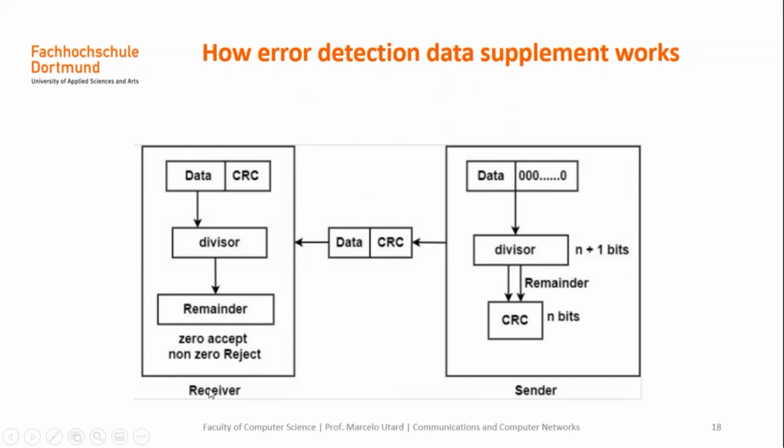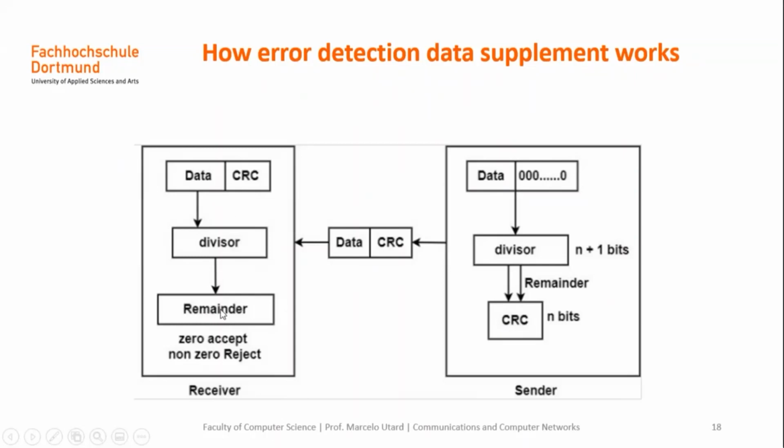On the side of the receiver, it receives the data bits and the CRC bits, and calculates the same calculation that was performed before by the sender. But in this case, the division of this data plus those CRC bits by the same divisor would have a remainder of 0, all the n bits at 0.